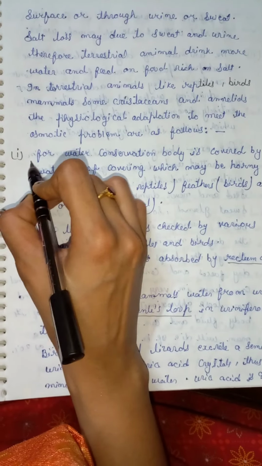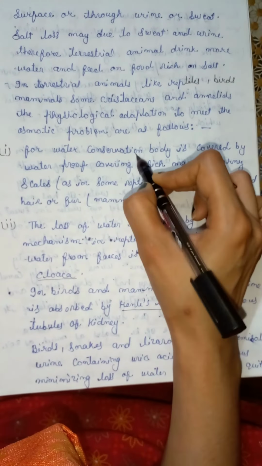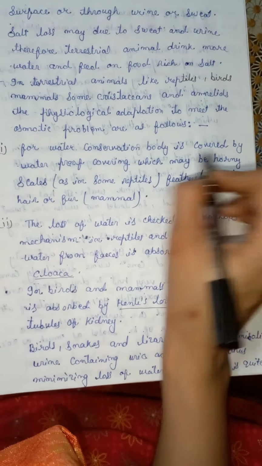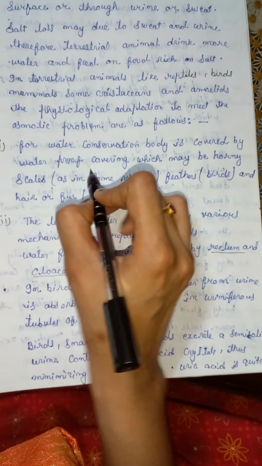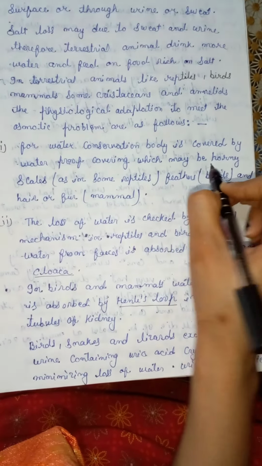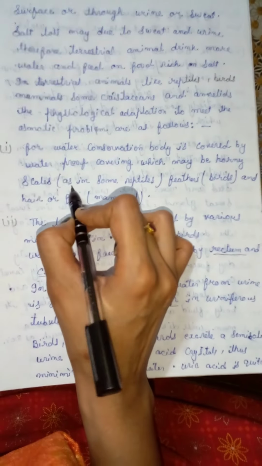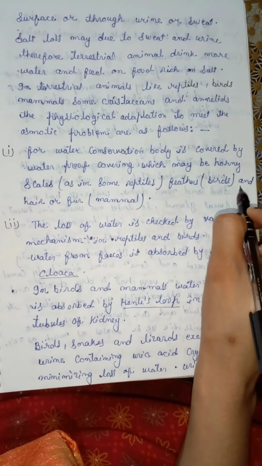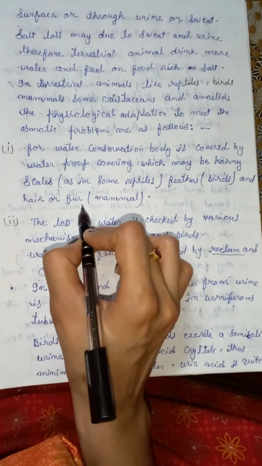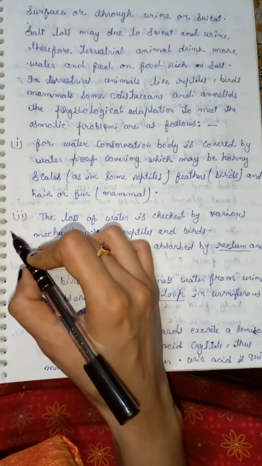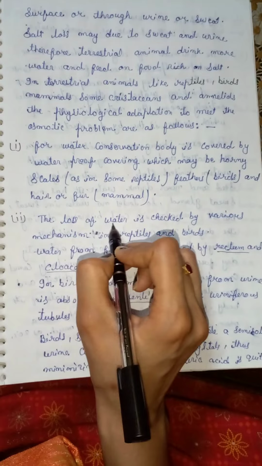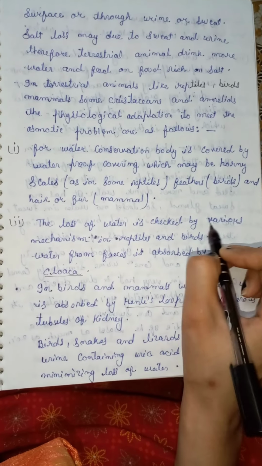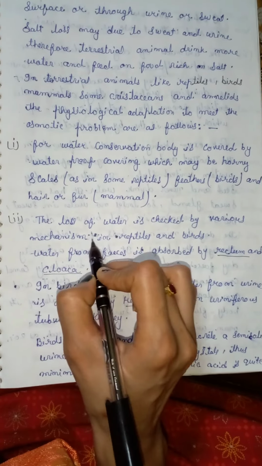First of all, for water conservation, the body is covered by a waterproof covering, which may be horny scales, as in some reptiles, feathers in birds, and hair or fur in mammals. Second, the loss of water is checked by various mechanisms.